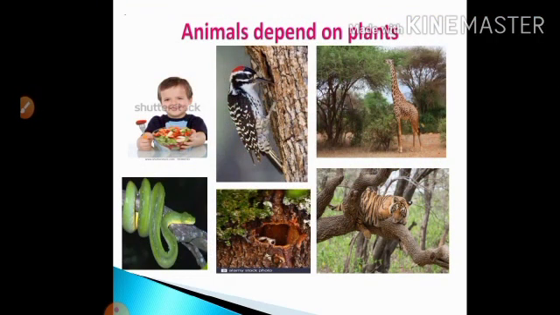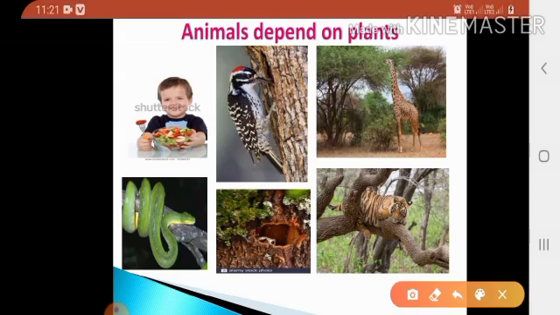Next point, animals depend on plants. Children, see the picture. Plants provide food and shelter and fresh air to animals. Animals depend on plants for food and shelter. For example, many birds and animals build their nests and homes in and around the trees.